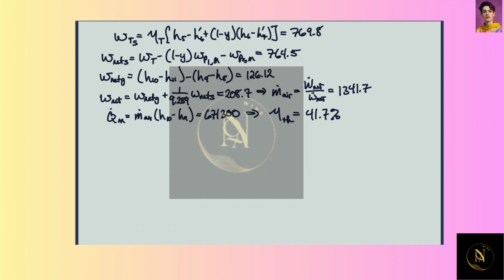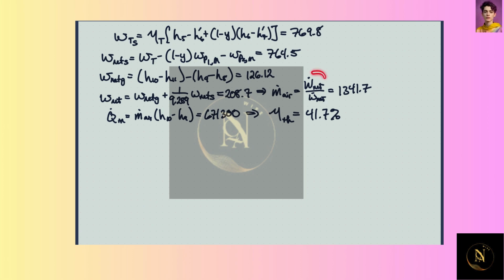So to get it on a basis of per kilogram of air, we need to divide this number by the ratio of the mass flow rate of the steam to the mass flow rate of the air, or multiply it by that factor. And so we get a specific work out of the whole plant of 208.7 kilojoules per kilogram of air.